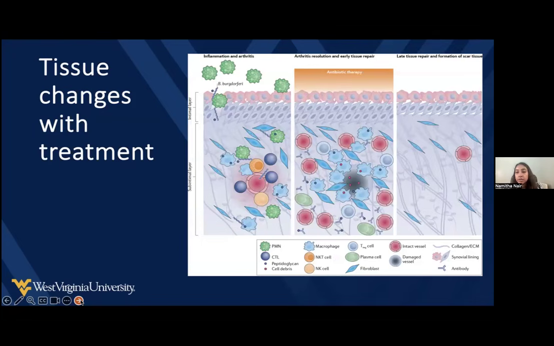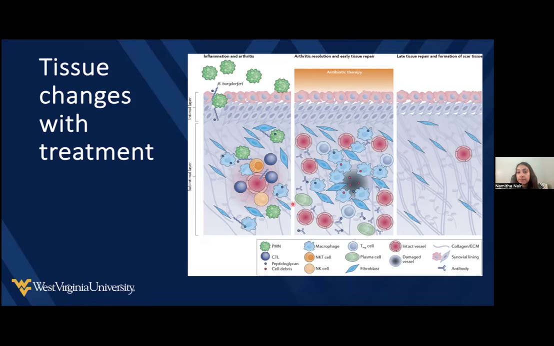So what are the changes that we're expecting to see? Initially, as you can see in the picture, the spirochete, let me see if I can bring my pointer up. This is a spirochete that's actually entering into the joint. And initially you're seeing there is an inflammatory response happening, so a lot of different types of inflammatory cells coming into the area, trying to fight off the spirochete.